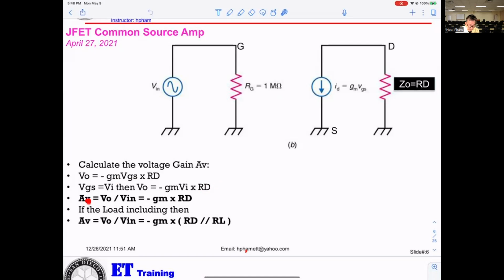So AV equals Vout divided by Vin, which is basically minus gm times big RD. If the load is included, if the circuitry has the RL, the load, then the output resistance has to be big RD parallel with big RL.